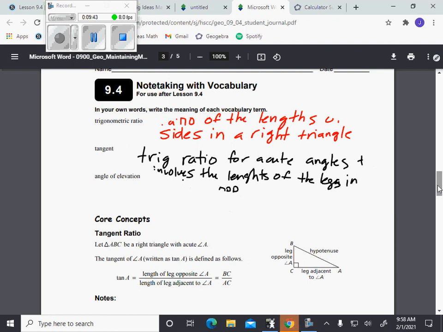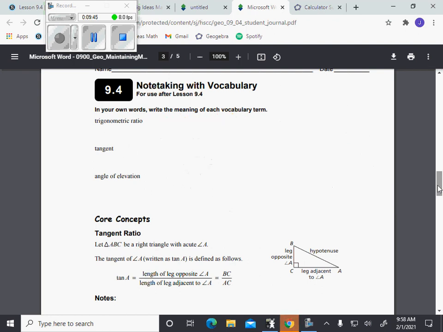The angle of elevation is the angle that an upward line of sight makes with the horizontal line.